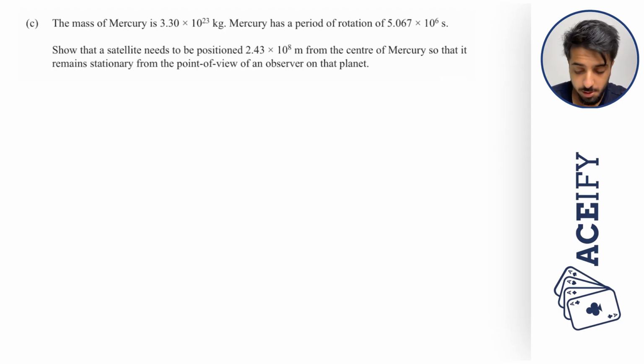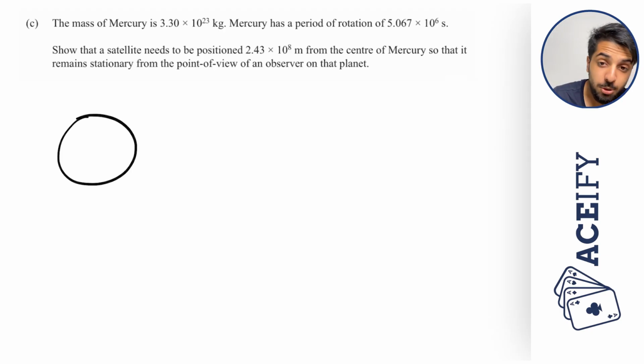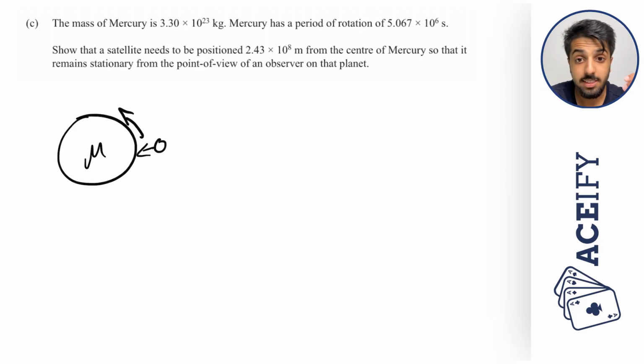What geostationary orbit means is that if we have our Mercury right here, and a satellite right here, the satellite is going to constantly look at the exact same place on Mercury at all times. Even though Mercury is rotating, and the satellite is going to orbit Mercury as well, the satellite is going to remain in the same relative position to Mercury.